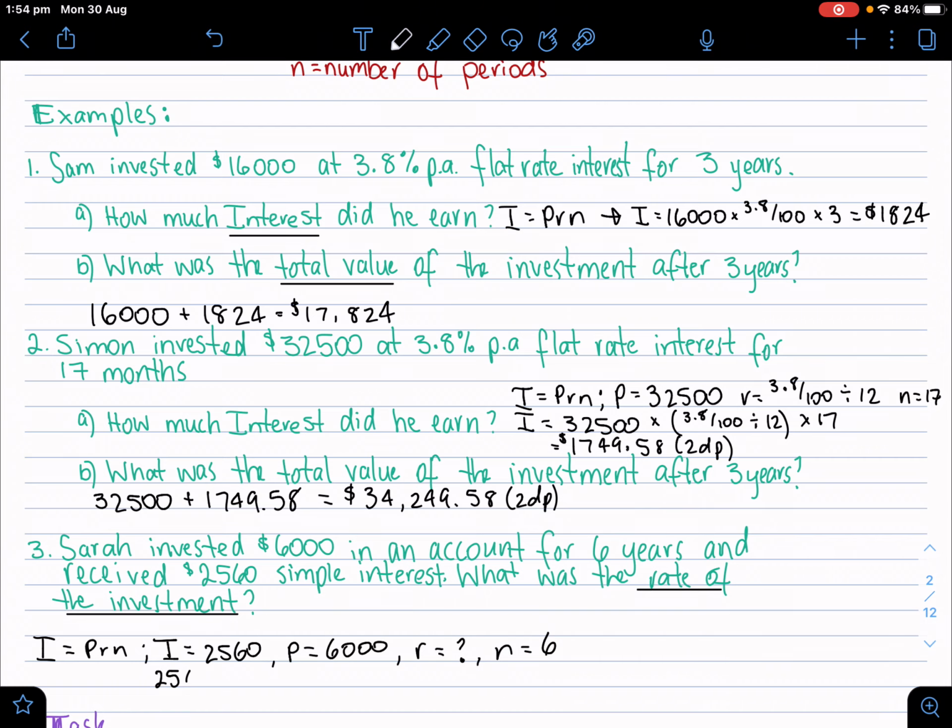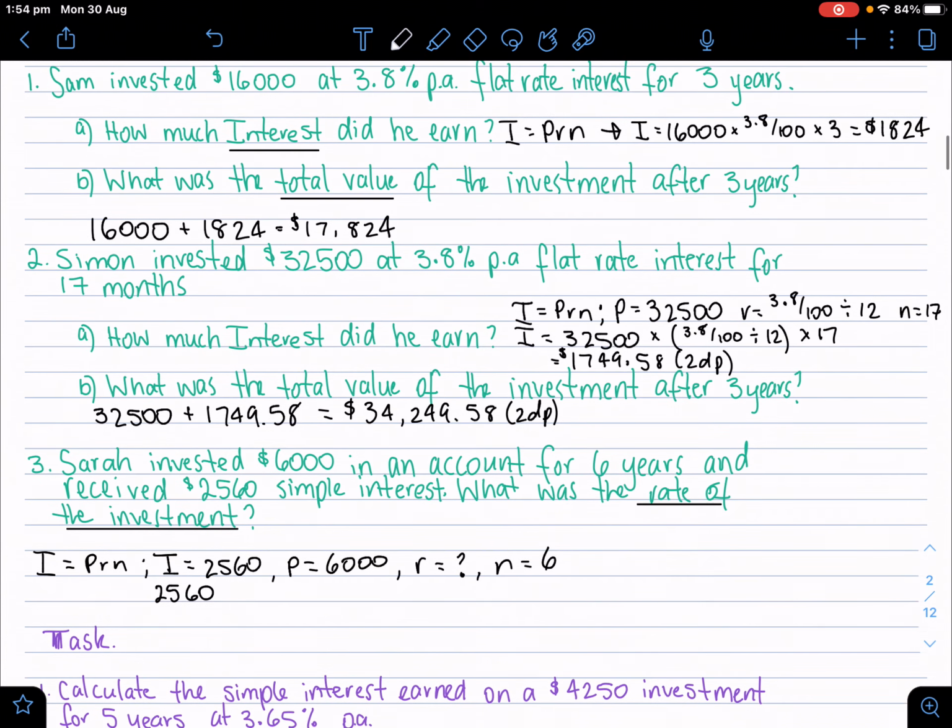So 2560 equals 6,000 times R times 6. So now what I have to do is I have to use equations to simplify this. So I have 6,000 times 6, which equals 36,000. So I'll do it on this side, 2560 equals 36,000R.